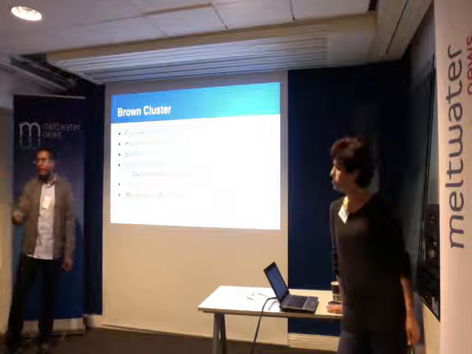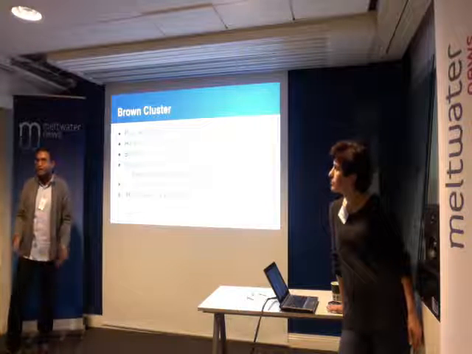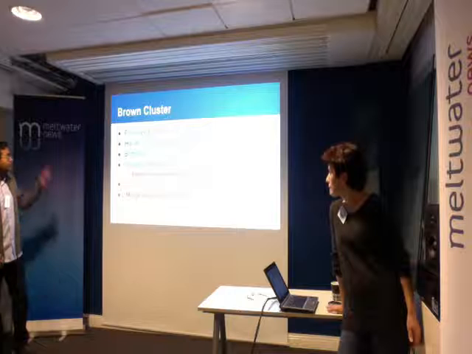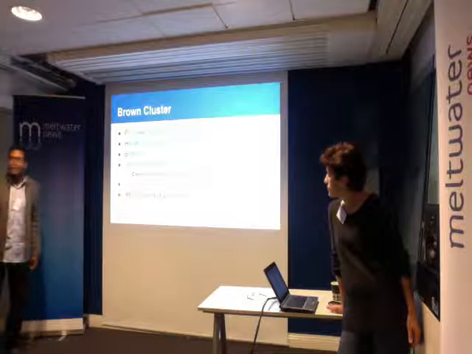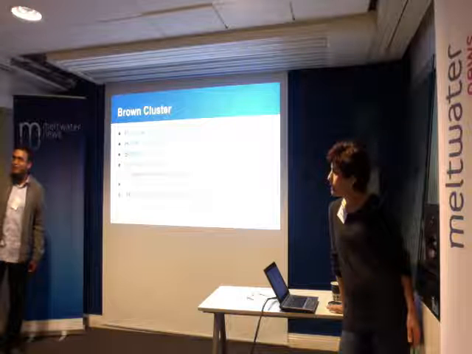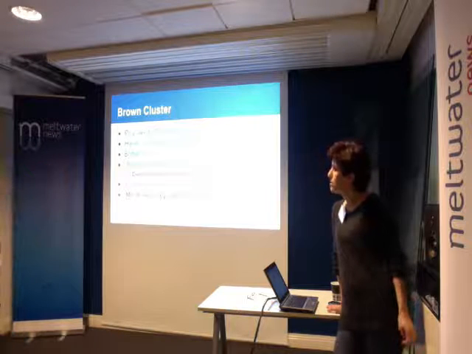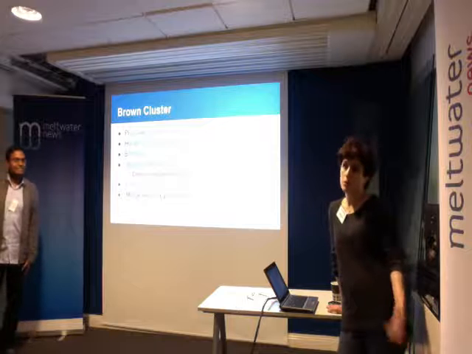So we have to apply some kind of clustering technique. I think it was first proposed by Brown et al., and it's a really viral paper in NLP. Everyone cites it. Brown clustering is one way of word clustering.